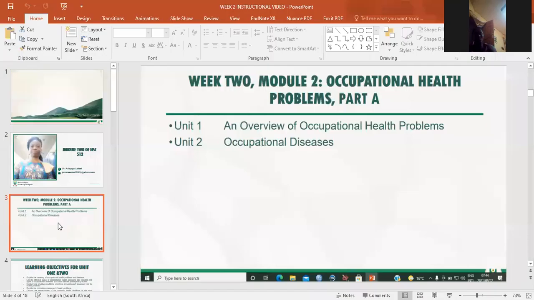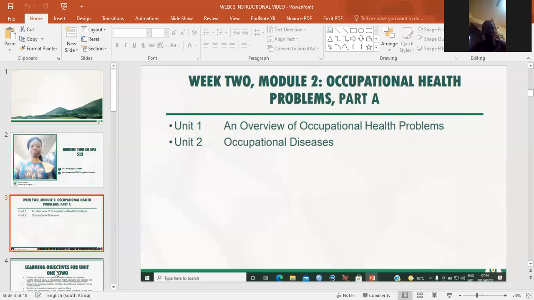We are looking at unit 1 and unit 2 of module 2, which is titled Occupational Health Problems. It's divided into part A, part B, and part C. For part A, we are covering unit 1 and unit 2, titled An Overview of Occupational Health Problems as well as Occupational Diseases.